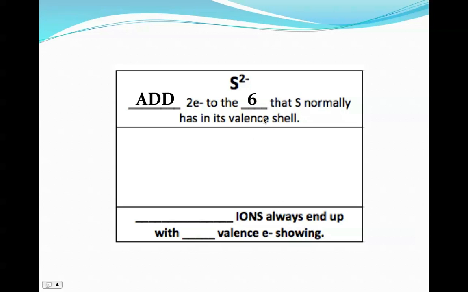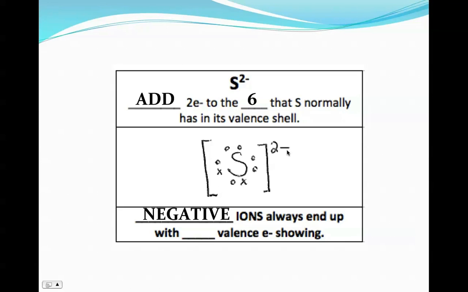So if you looked up sulfur as an atom, it has 6 valence electrons. The -2 means it's added in or gained 2 electrons. So you're going to see I represented the original 6 with dots and then the final 2 with X's. So it has a complete 8. I put this in brackets, and then I place the -2 charge on the outside of the brackets. You're going to see that negative ions always end up with 8 valence electrons showing.